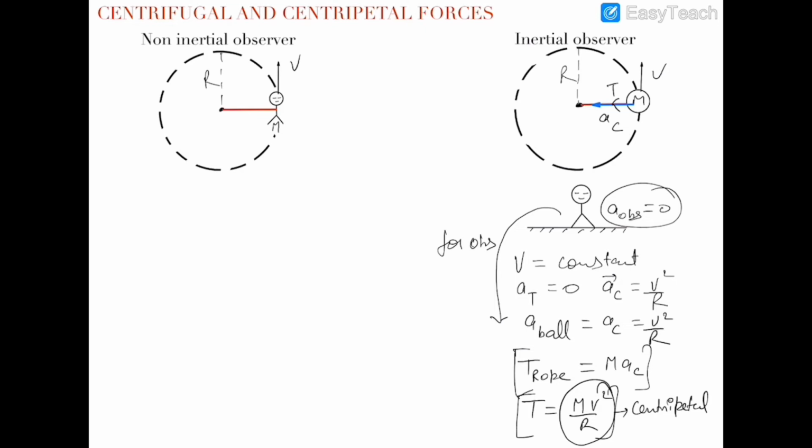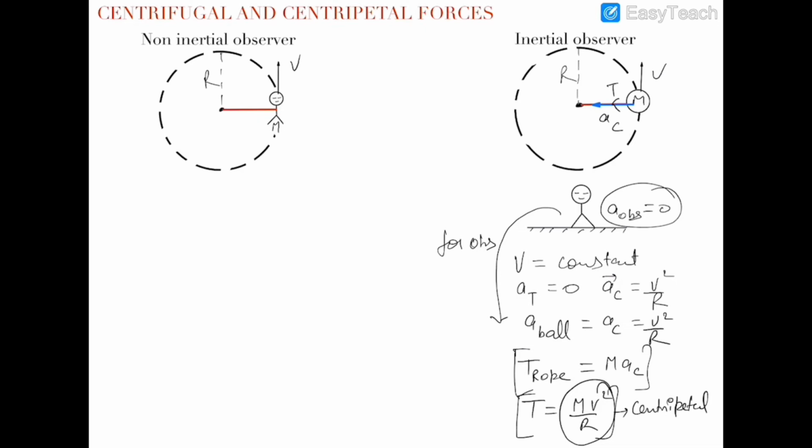And when an electron is rotating about the nucleus, then the electrostatic pull of the nucleus on the electron, which is acting towards the center of the nucleus, is playing the necessary role of the centripetal force for the circular motion.